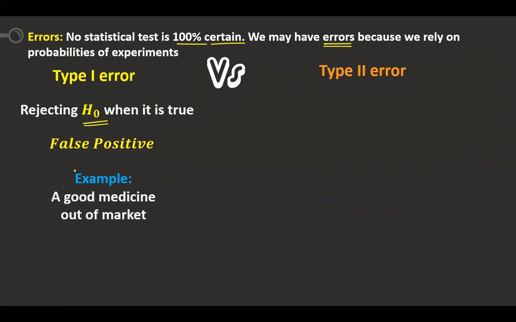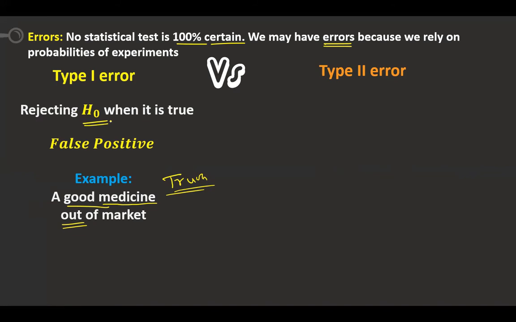So now I will give an example. A good medicine out of the market. Okay, now good medicine means suppose they have done all the work, so it should come. Okay, now it is a truth. Good medicine is a truth, but it is out of market means it is neglected. Okay, that is what that is. Okay, H naught is the good medicine, but it is rejected, so it is out of the market.